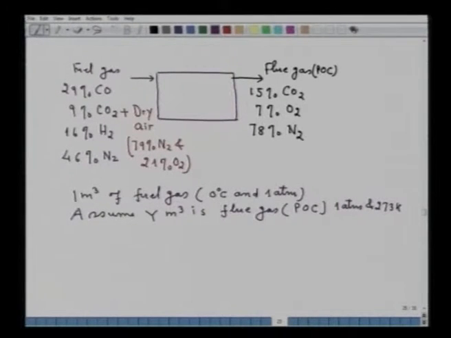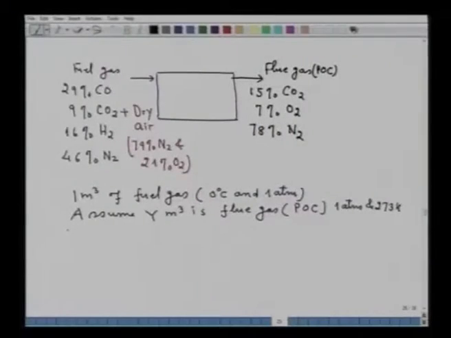That is what we are assuming for calculation. Now, as I have said, in order to calculate the volume of flue gas or products of combustion, we have to do a carbon balance. So, I will be making the carbon balance. Let us perform it, you perform along with me, the carbon balance.